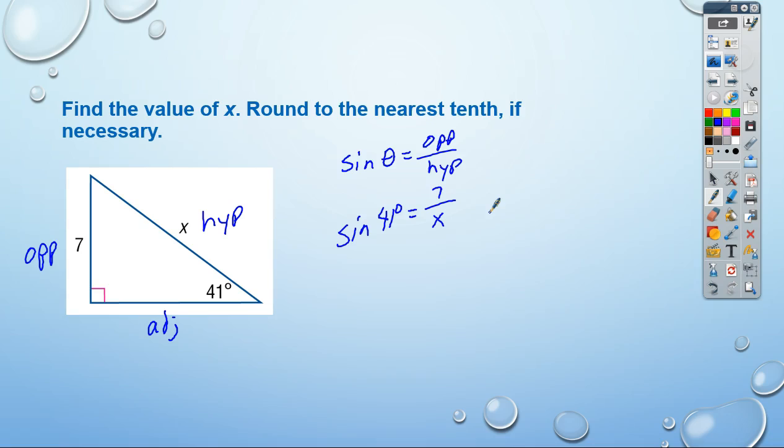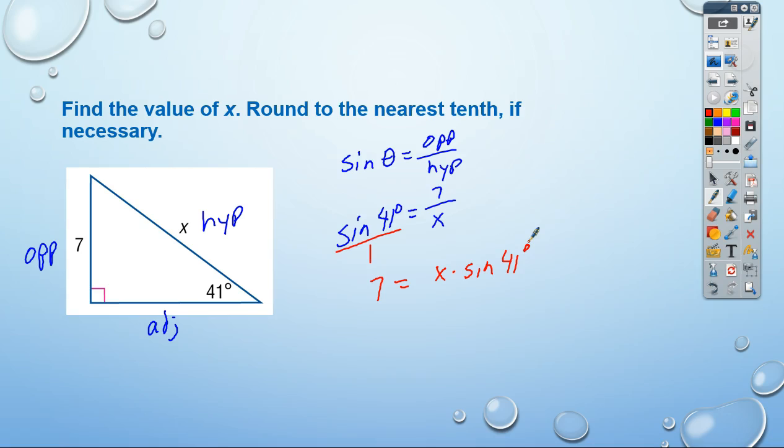Now in this one, I can't just simply multiply. You're going to say, well, you can divide by 7. Yes, but I'm going to show you another easier way. When you can't just simply multiply and it cancels out, treat it like a fraction and cross multiply. So it is now 7 is equal to x times sine of 41 degrees.